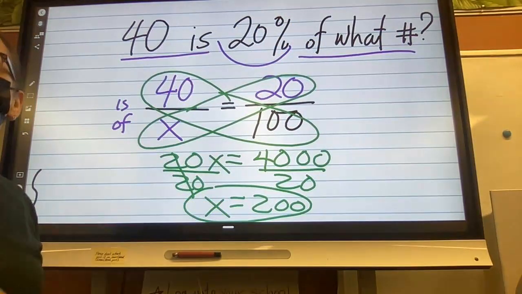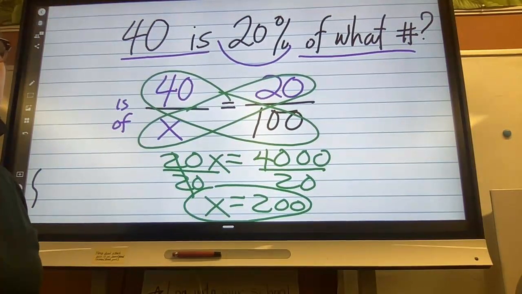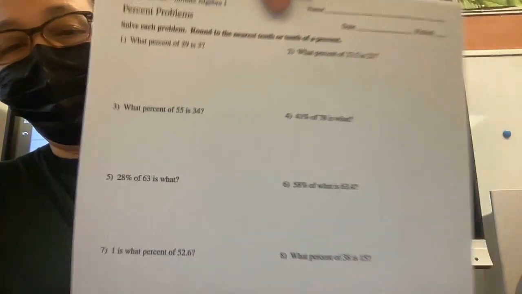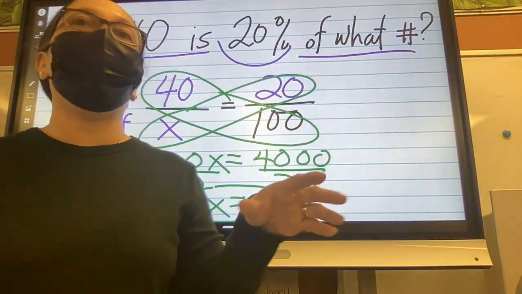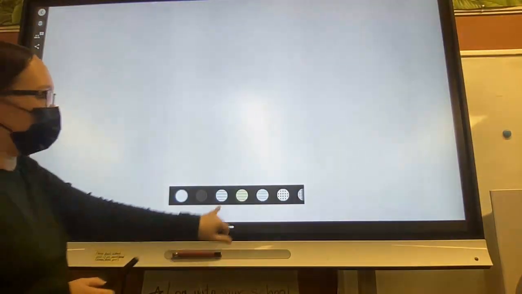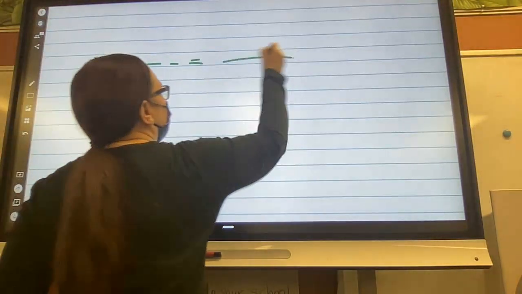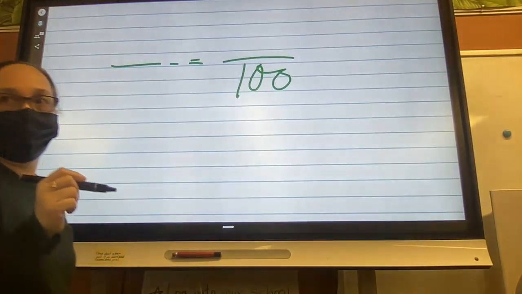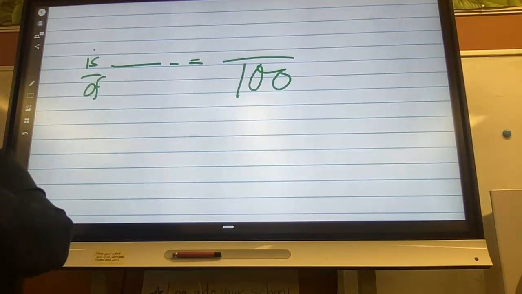So this is just one way you're going to use proportion, ratio, and proportionality. You were given a worksheet; I just put it here so that you see. You are going to set up your proportion all the time this way, where your is is here and of is here.